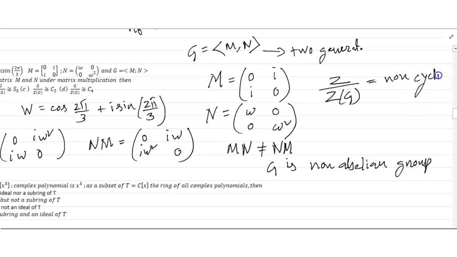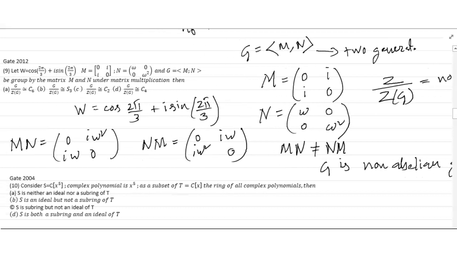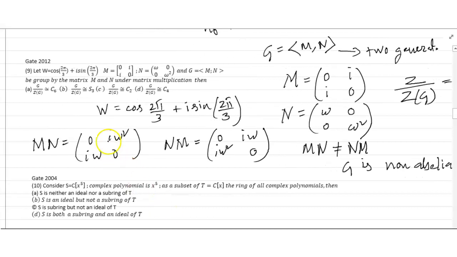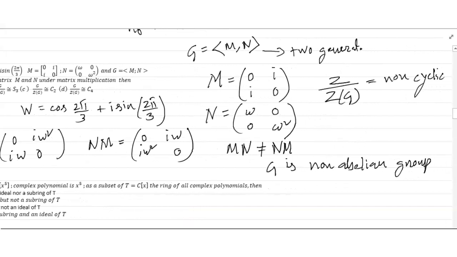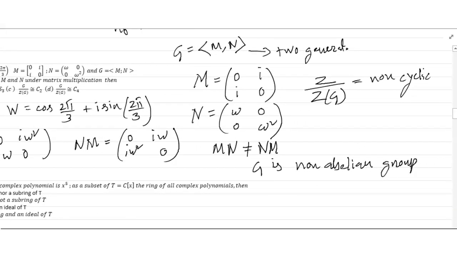Because we know when G is non-abelian, if G by ZG is cyclic, then you must remember, friends, that G is an abelian group. But G is non-abelian, so G by ZG is a non-cyclic group.